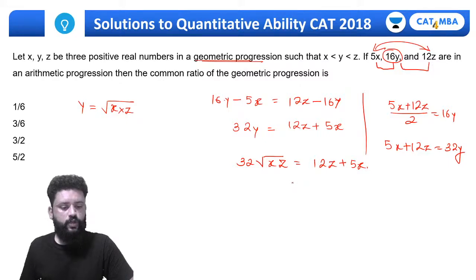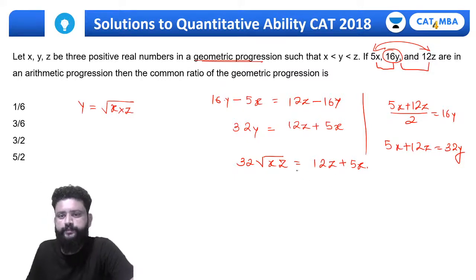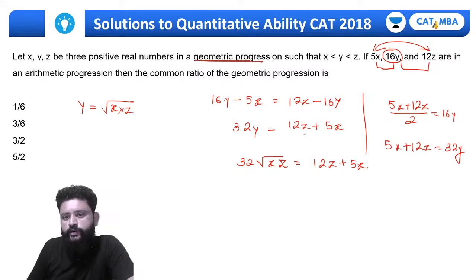Okay, you can use the answer options to solve this question. So let's try this. 32y, we got this: 32y is 12z plus 5x, and 32 times root of x into z.